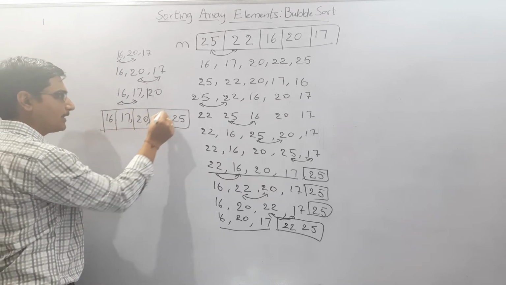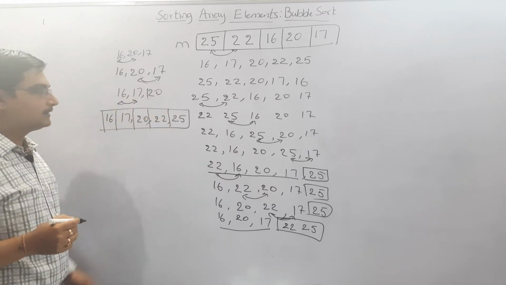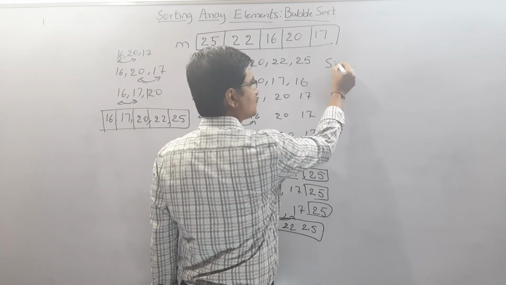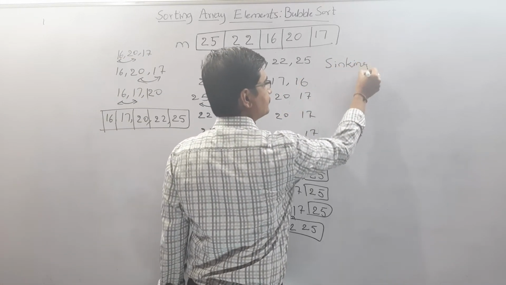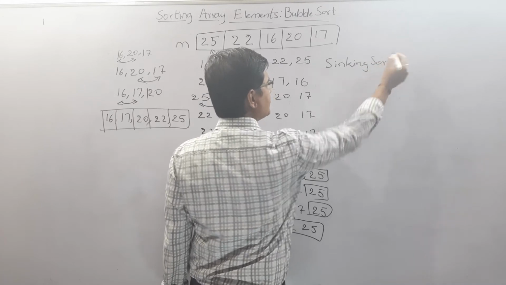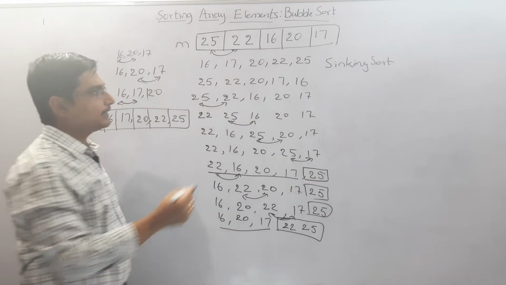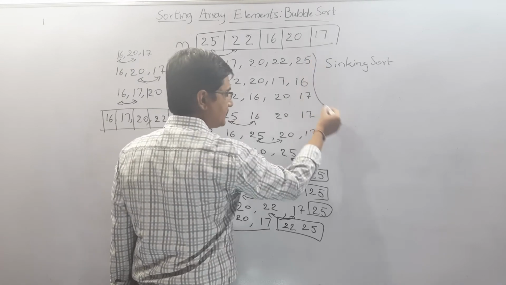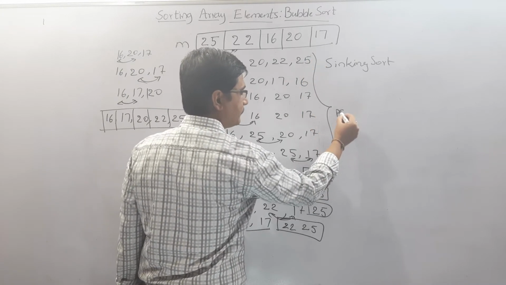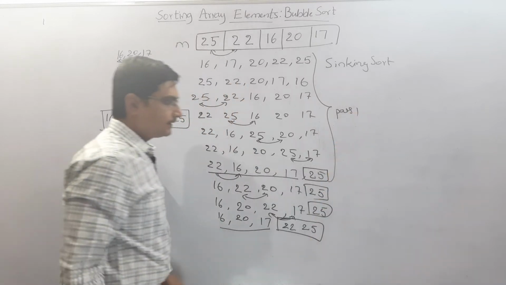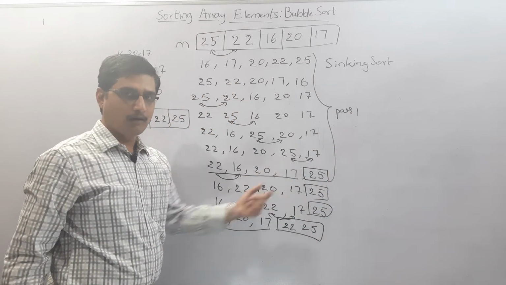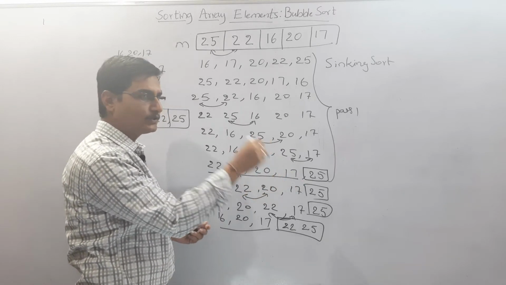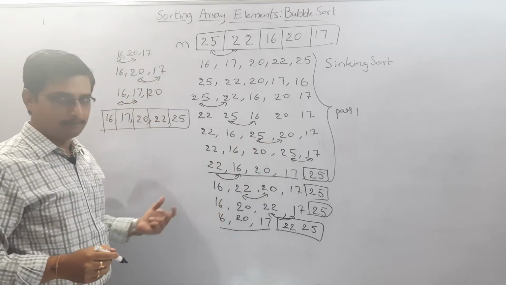The method we have applied here is called bubble sort, or also sinking sort. The reason for the name is that in every iteration, or in one pass, say this is pass 1, the largest element will go down, that is, it will sink to the bottom.